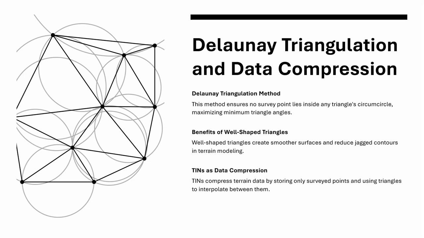Instead of storing an elevation for every possible point, the TIN stores just the surveyed points and the triangular connections between them. The triangles then interpolate the in-between areas. In this sense, a TIN is a compressed version of the terrain, a faithful representation of the big features without drowning in unnecessary data.